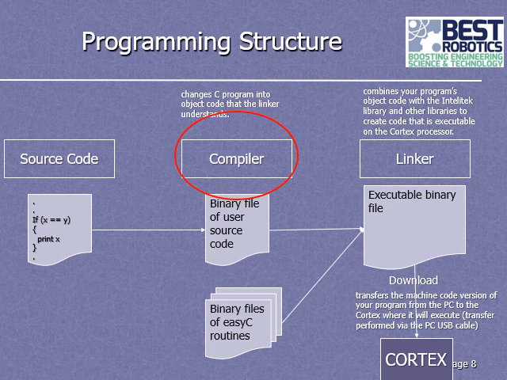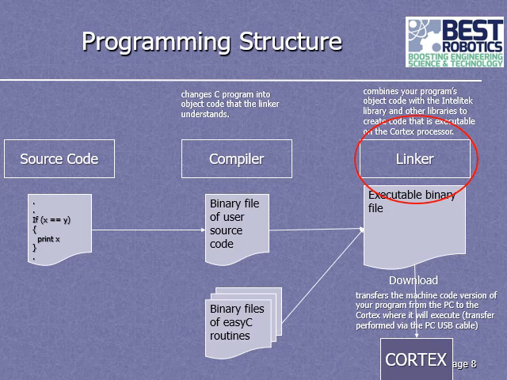So enter the compiler. What the compiler is going to do is take that text C code and turn it into a binary file that the computer can then read. Then the linker is going to take that binary file that the compiler just created, bring in a bunch of other binary files, potentially, that were loaded with the system.